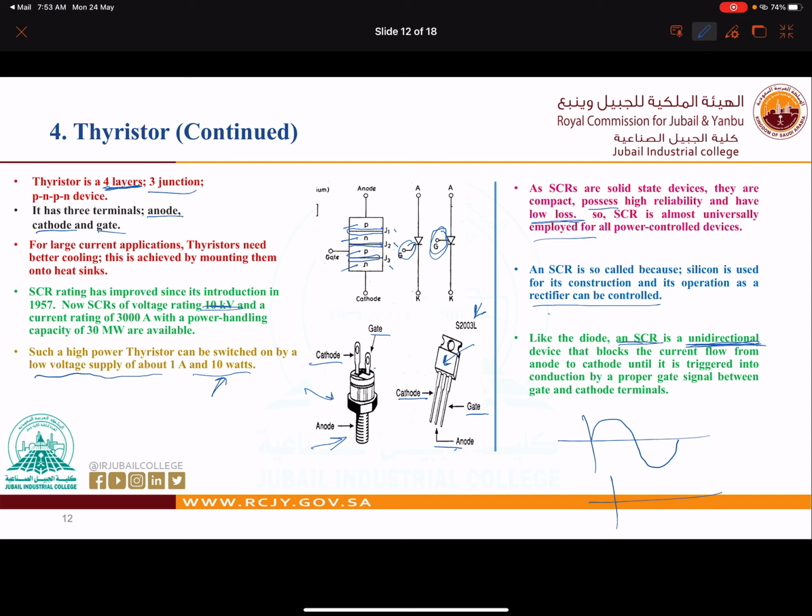So we are controlling the current and the voltage, which are unidirectional. So it cannot go to the negative. No, it cannot go to the negative. So it is positive only. This is just for the single phase. So this part is going to be removed by the diode, and also it is going to be removed by the thyristor, but the firing angle is different between the thyristor and the diode.